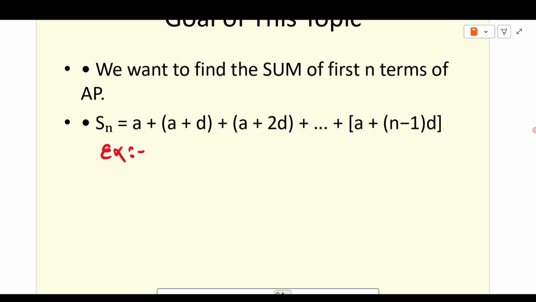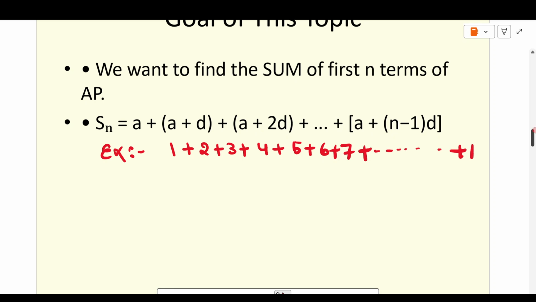For example, if you have 1 plus 2 plus 3 plus 4 plus 5 plus 6 plus 7 and so on up to 100, and I ask you, what is the sum of this series?